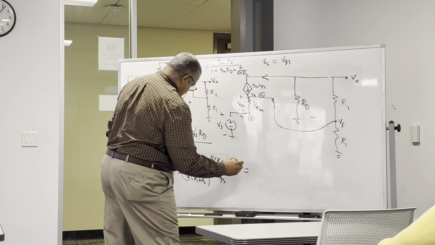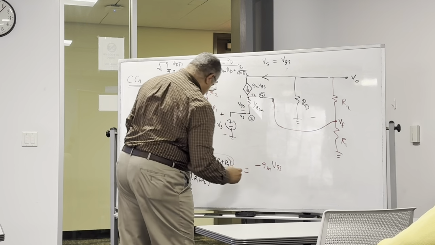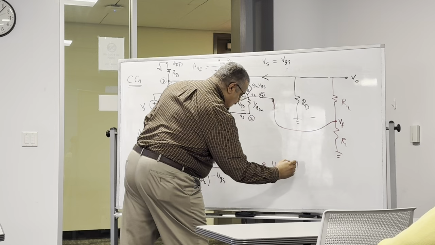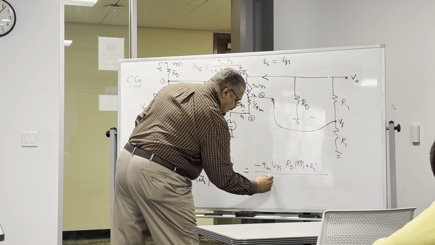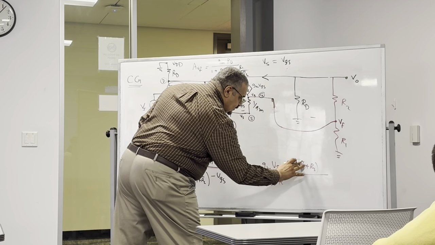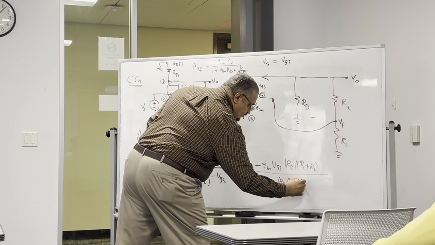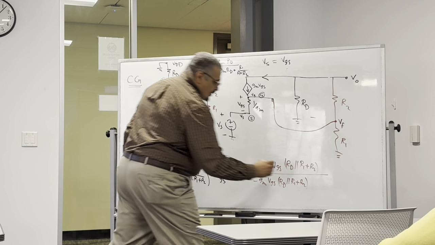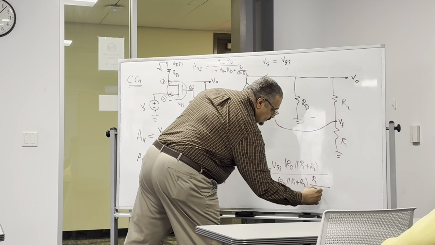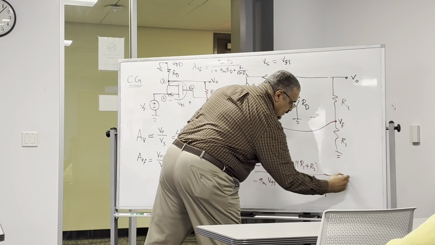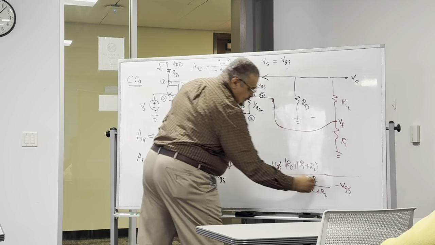So this is minus GM VGS RD in parallel with R1 plus R2, divided by minus GM VGS RD in parallel with R1 plus R2 times R1 divided by R1 plus R2 minus VGS. Agreed? Now I can cancel this VGS.